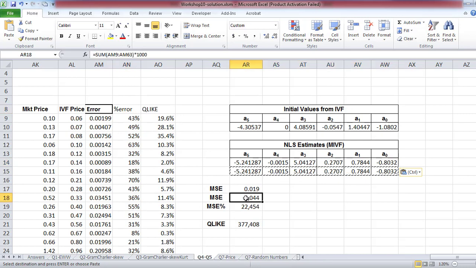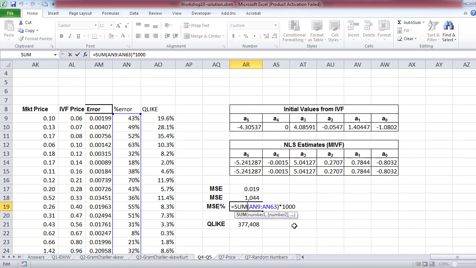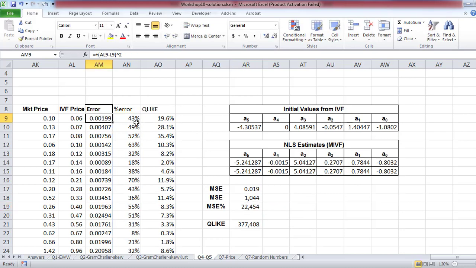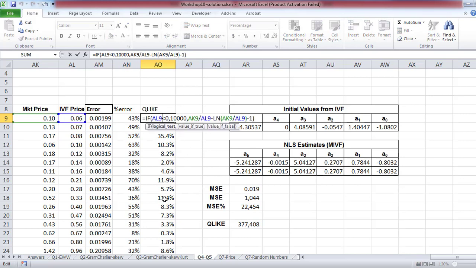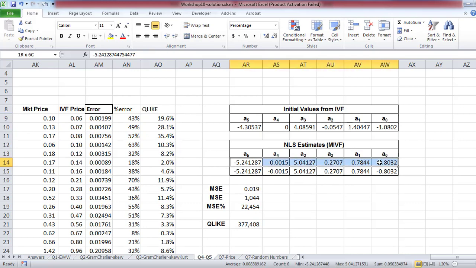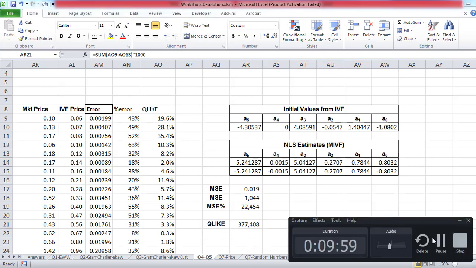You can do the same thing, but instead of a regular error, you use a percent error, so that you take into account the level of the price. And the third one is going to be a Q-like function that you can also use to minimize, by changing these parameters.